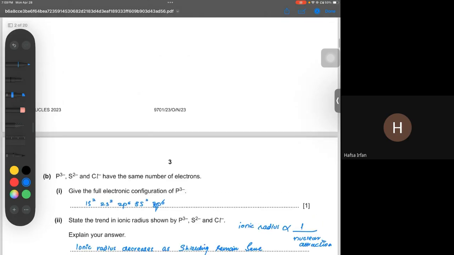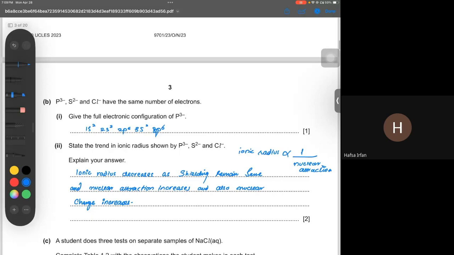Like, I'm going to draw phosphorus and chlorine or sulfur. You can see that 2 electrons, and then we have 8 electrons, and then we have phosphorus is 15.